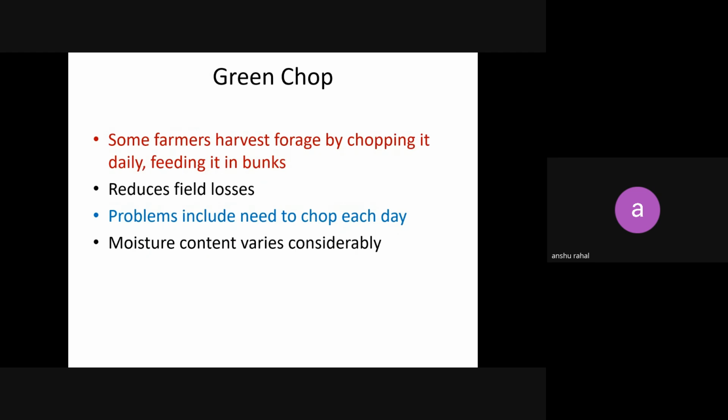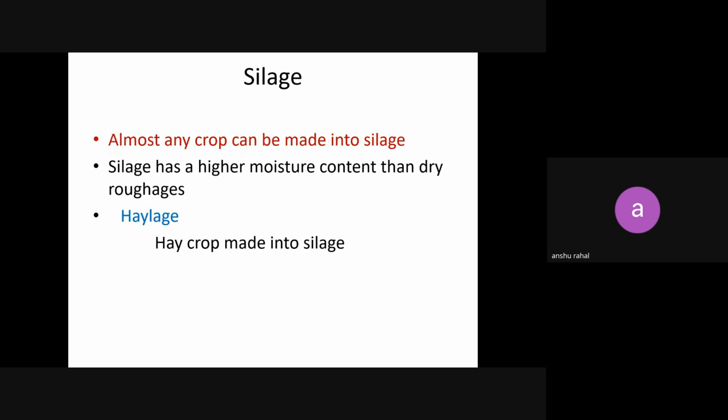It should not be kept on the floor. Moreover, it also helps in reducing the feed losses. Although there is a problem that daily you have to go for chopping of the fodder, and the moisture content in the green chop may vary from day to day. And this will decide the nutritional quality of the forage.